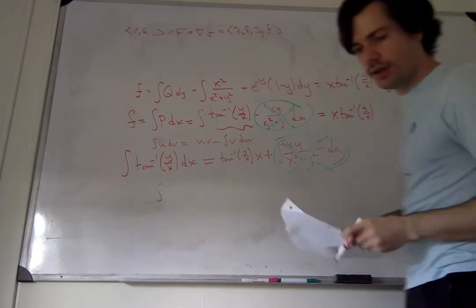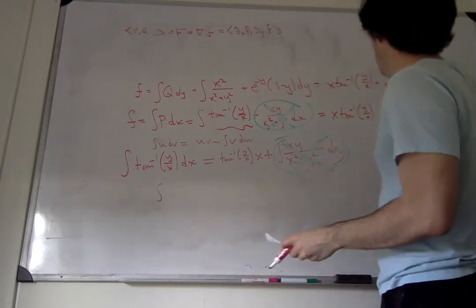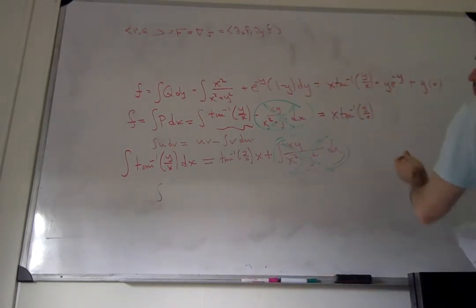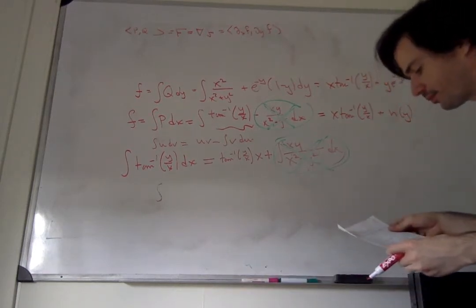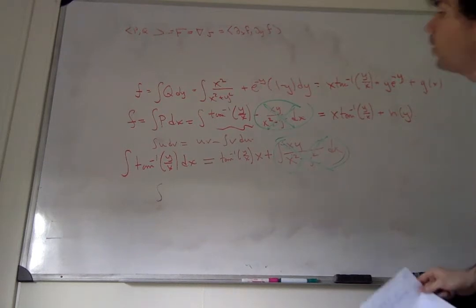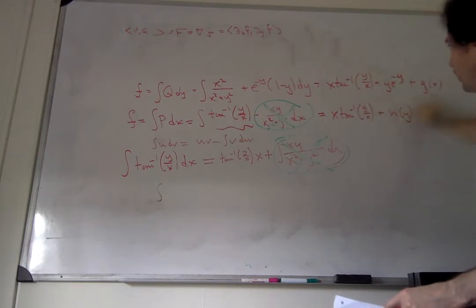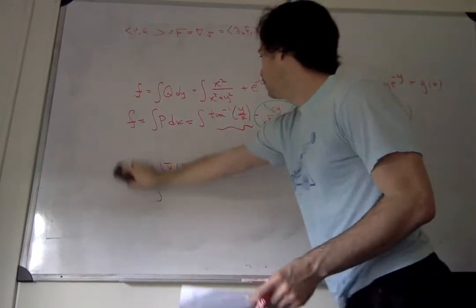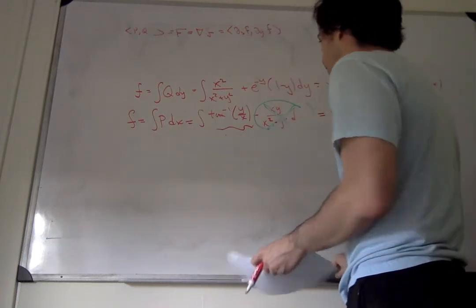And we have possibly some other functions in terms of y. Hey, that is perfect. Why is it perfect? Because look, these match up. So there's no other g of x, but there is an h of y. So you actually have to do the full calculation, right?